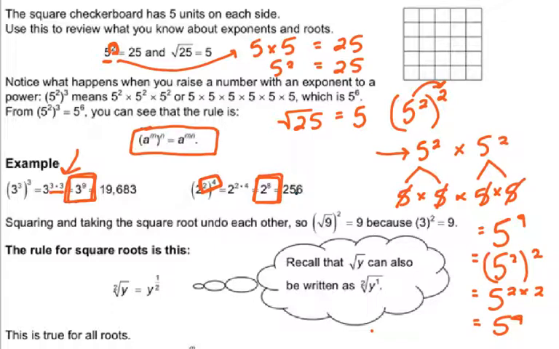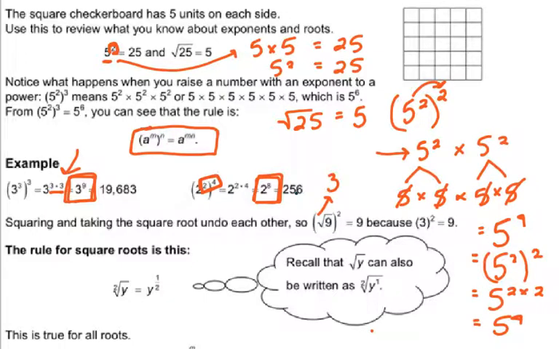Squaring and taking the square root is going to undo itself, because if you're taking the square root, you're trying to figure out what number times itself is going to equal that number. In this case, we have the square root of 9 squared. What is the square root of 9? You probably said it's 3, because 3 times 3 is 9.